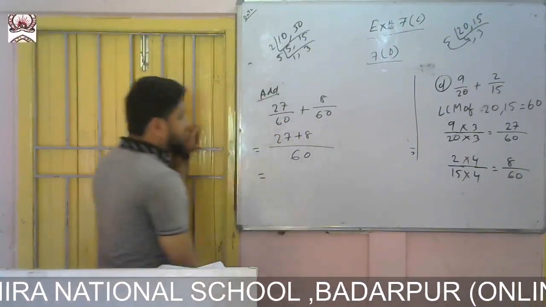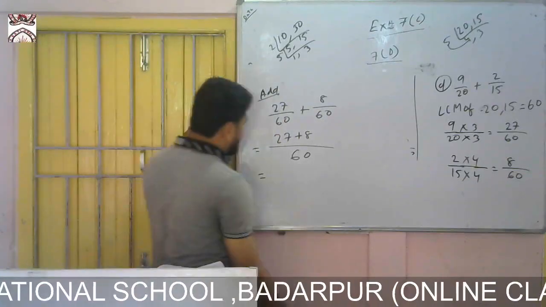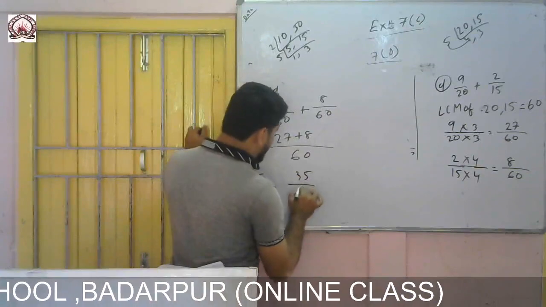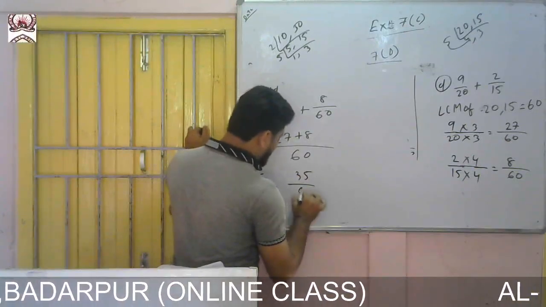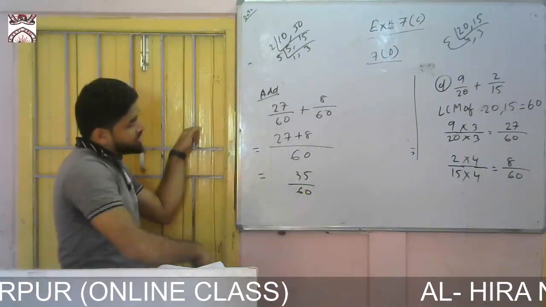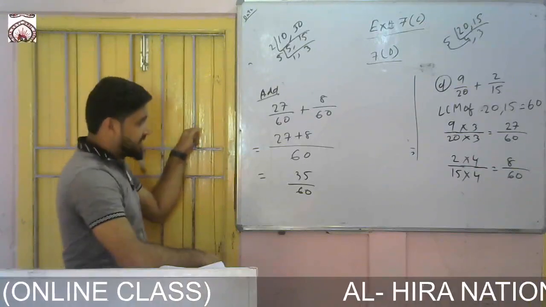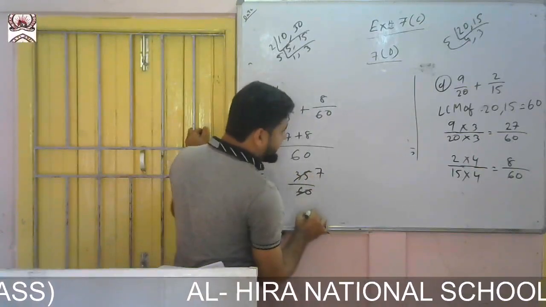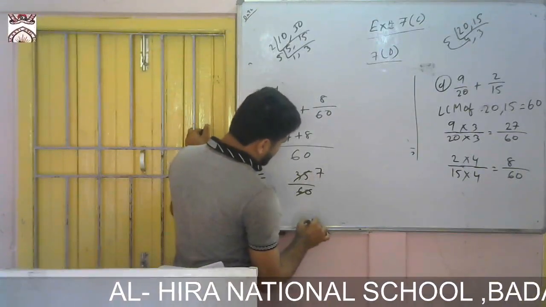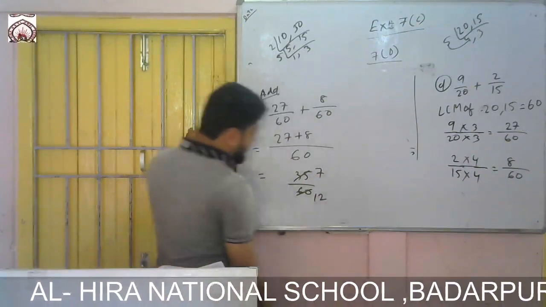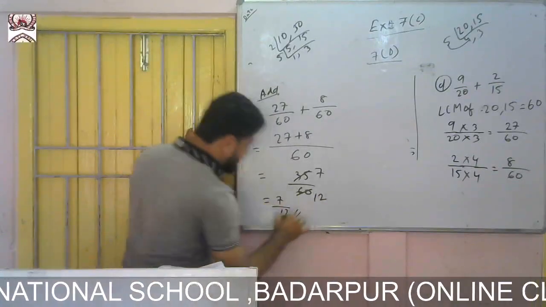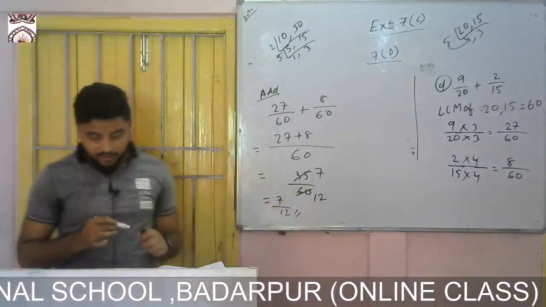So 27 plus 8 will be what? 35. 8 plus 7 is 15, 2 and 1 is 3, so 35 by 60. Now with 5 I can cancel. 5 7s are 35, 5 12s are 60. Okay, so answer is 7 by 12. 7 by 12 is the required answer.